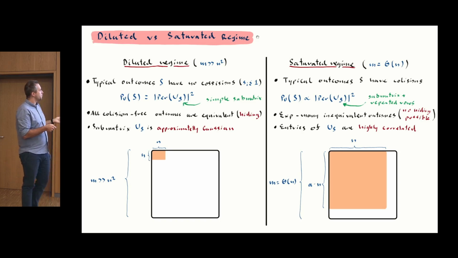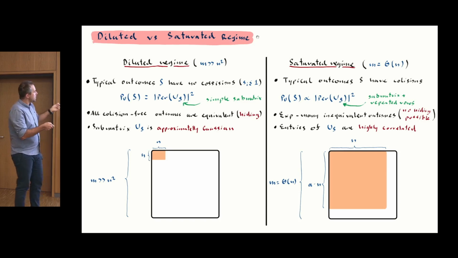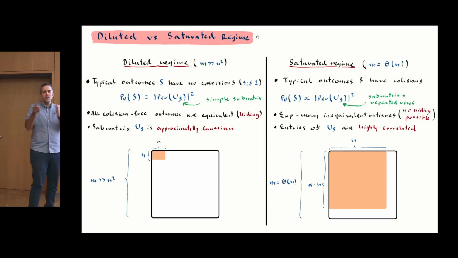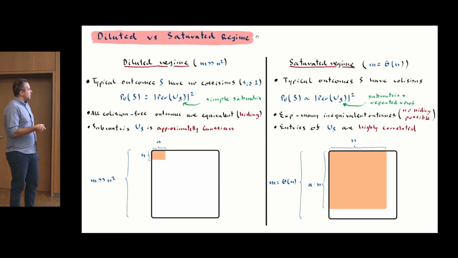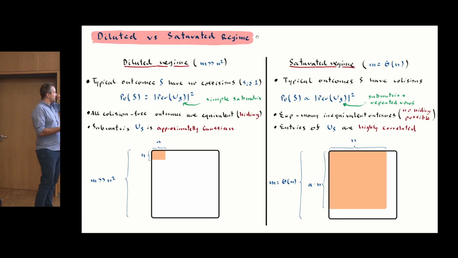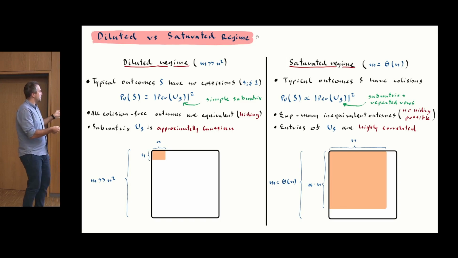In this case, you have many inequivalent types of outcomes, like different bunching patterns. You cannot map them to each other by just applying a shuffling permutation of modes. And lastly, entries of the matrix whose permanent you need to compute are correlated, because it's a big submatrix of a unitary matrix.